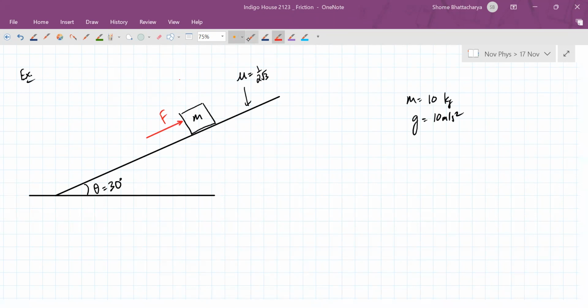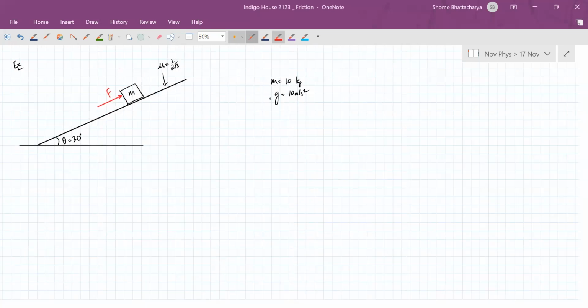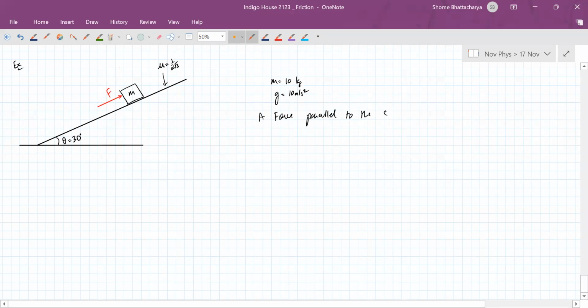Yeah, I'll scroll up, don't worry. We just finished writing the question. So a force parallel to the surface is applied on the block.